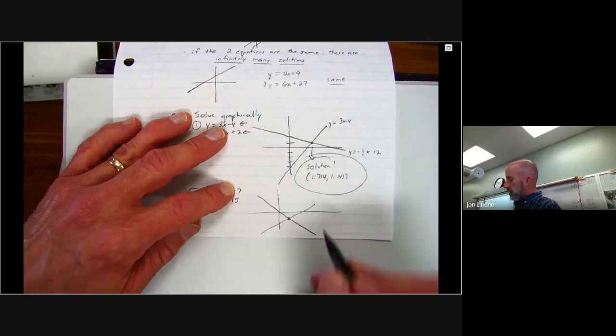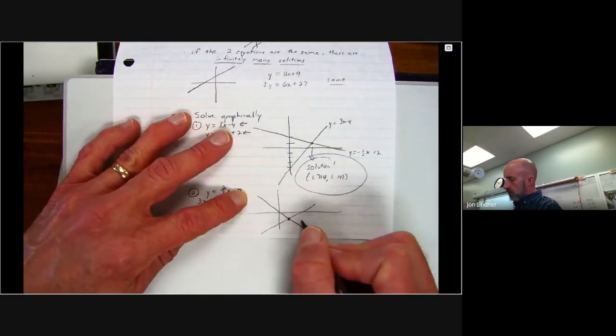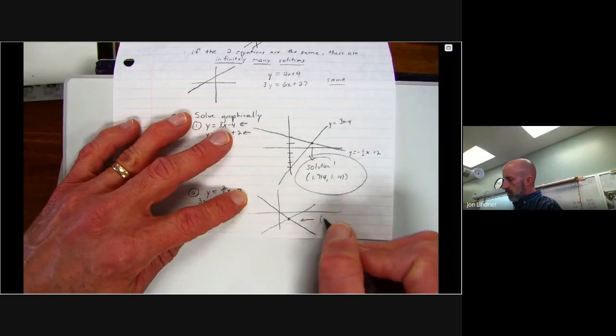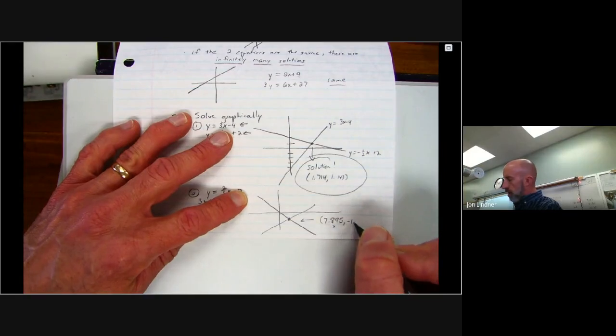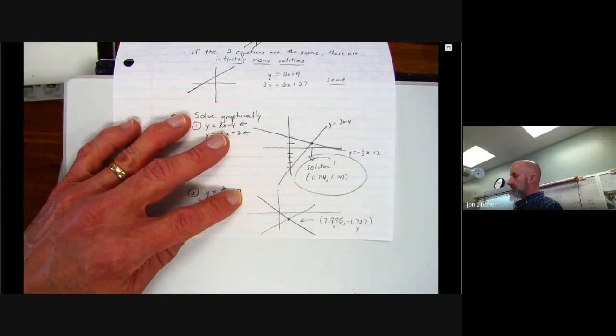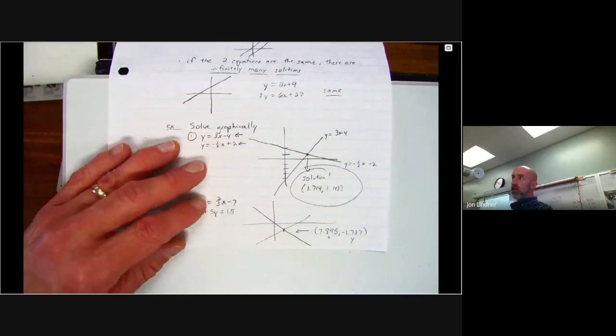And the solution was 7.895 for the x value. That's my x. My y is negative 1.737. And that's how easy it is to solve a system of equations in Desmos.